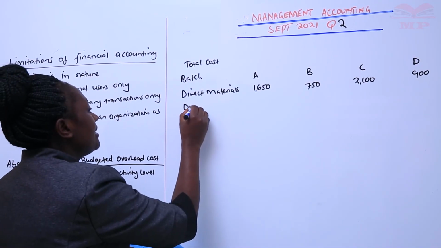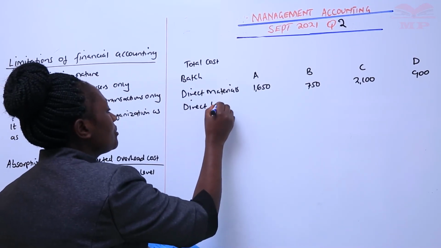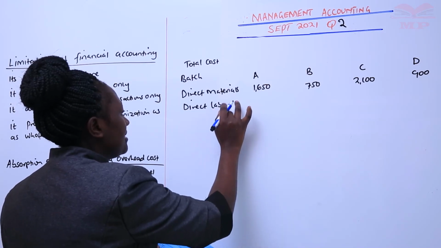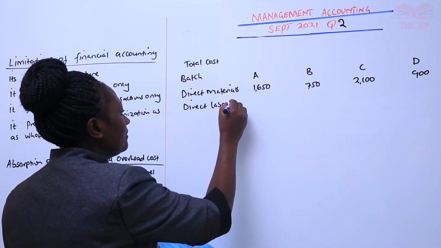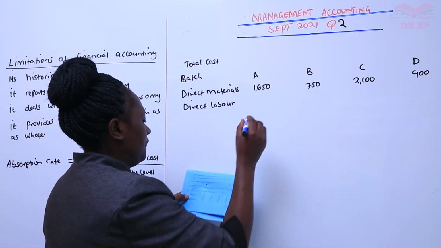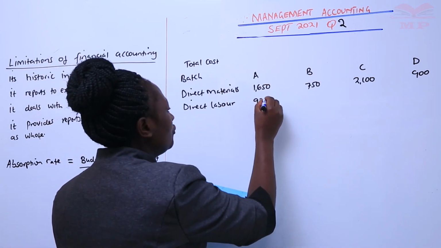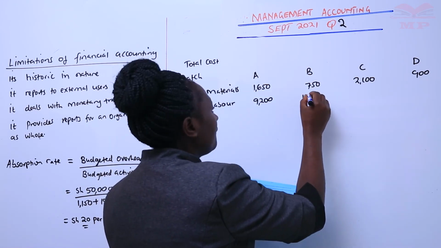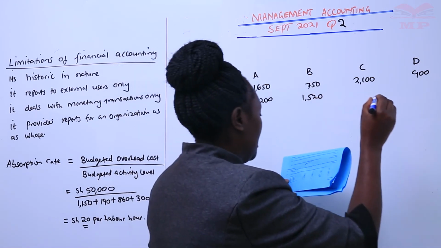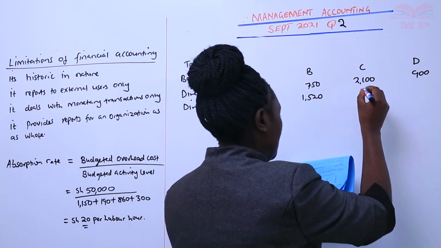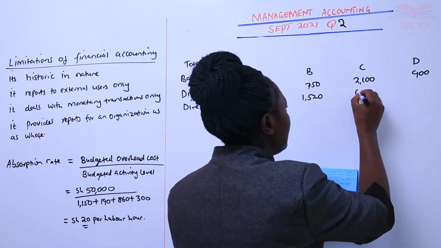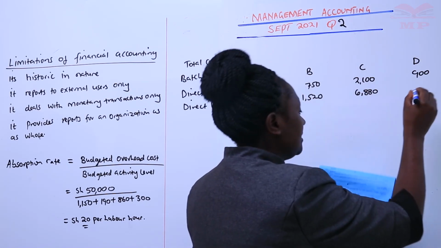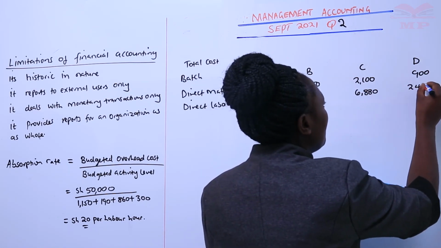Then direct labor, which is also given. So for A is 9,200, for B is 1,520, C is 6,880, and D is 2,400.